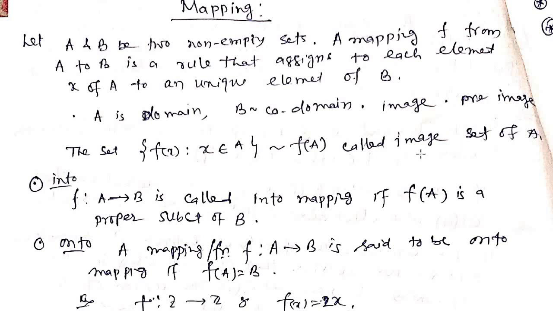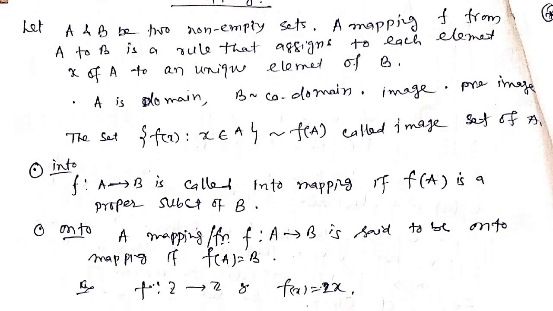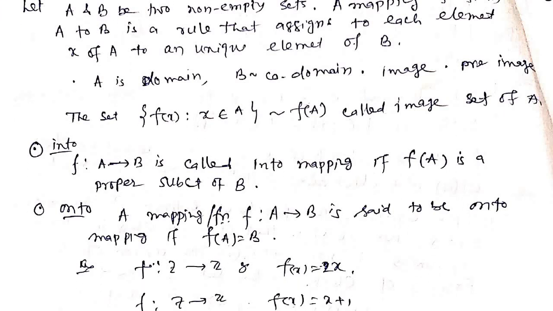Now there are several different kinds of mappings. First, into mapping. A map F from A to B, this is the notation for function or mapping. F maps A to B is called an into mapping if the image set f(A) is a proper subset of B. Onto mapping: if f(A), that is the image set, equals B, then the mapping is called onto mapping.